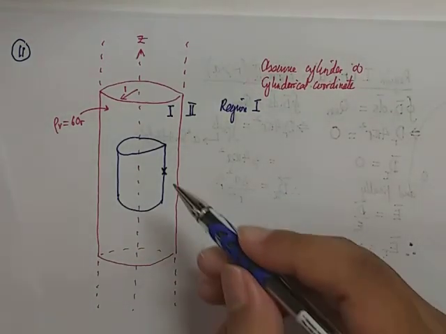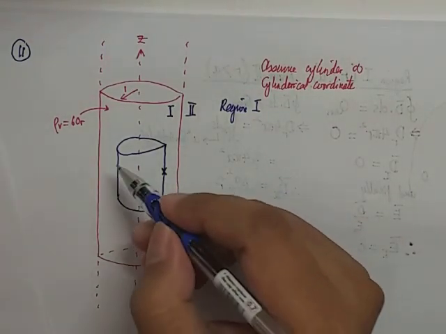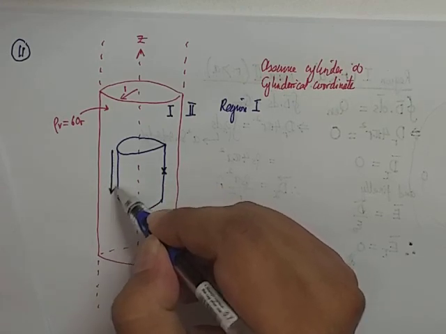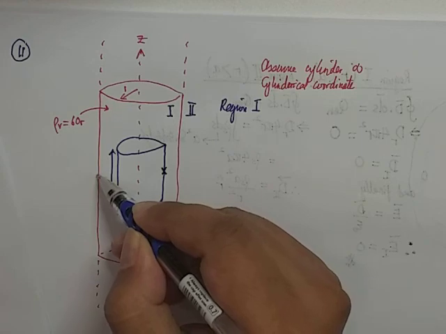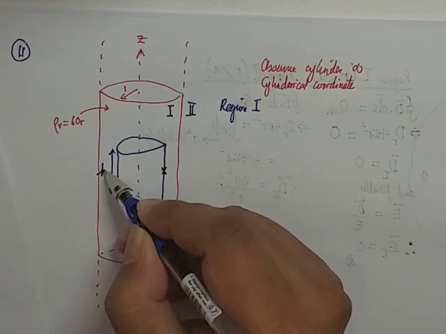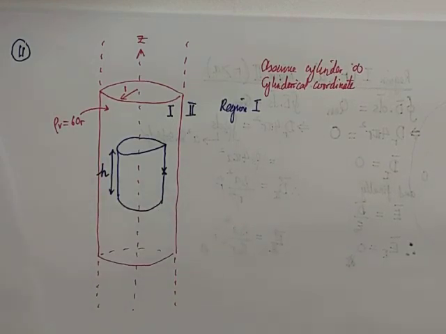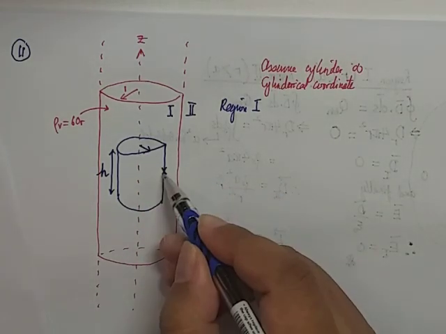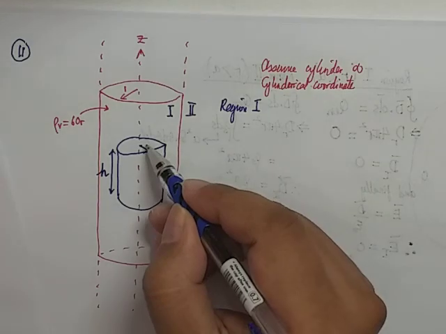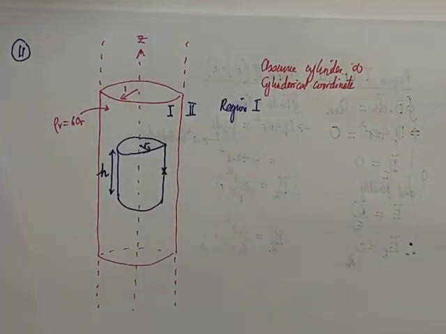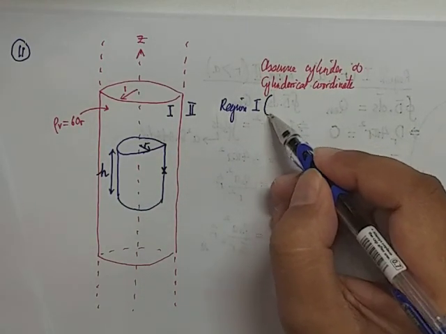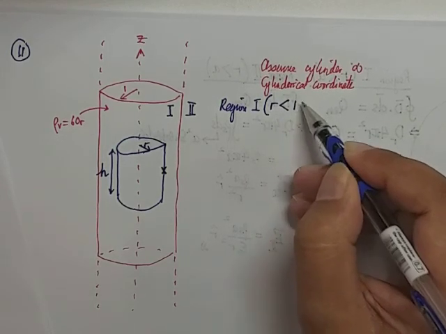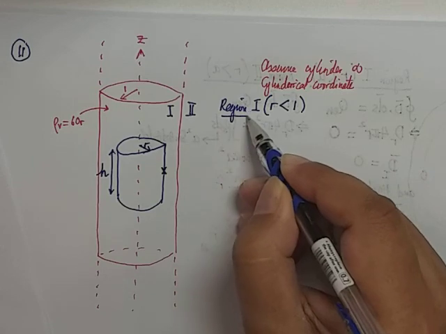Since the dimension must be defined, and it is not infinite now, I'm going to set the height of my Gaussian cylinder to be h. The radius should be variable because the point is moving, so it must be r. Now r must be clearly defined to be smaller than 1.